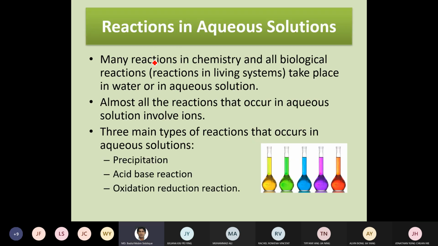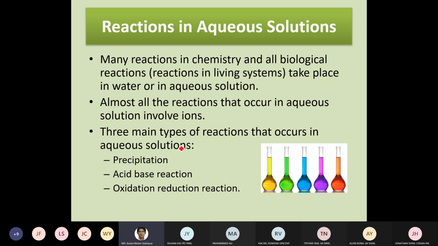Now we move to reactions in aqueous solution. So in chemistry, or in all biological reactions, of course, in our body, that is happening in water or aqueous solution, mostly, because in our body or in any other biological thing, they are not occurring in the gaseous phase or solid phase, right?